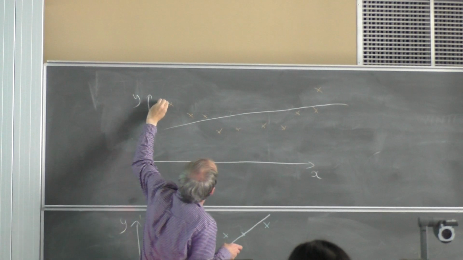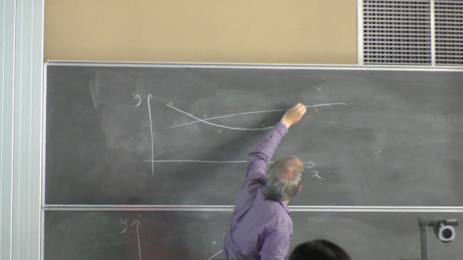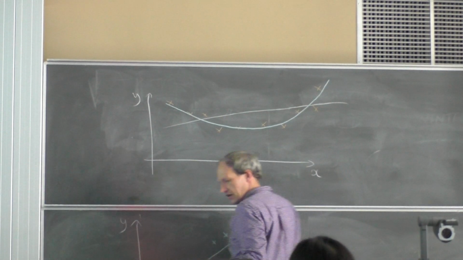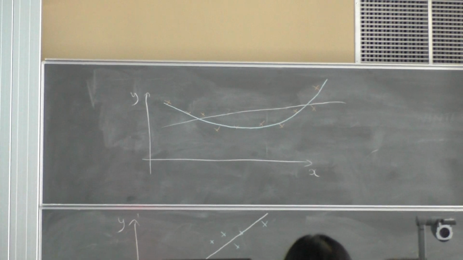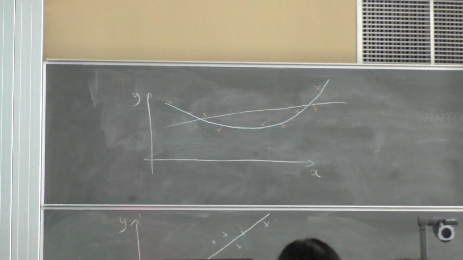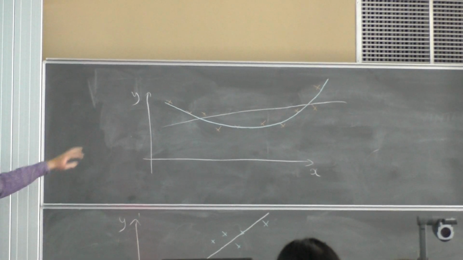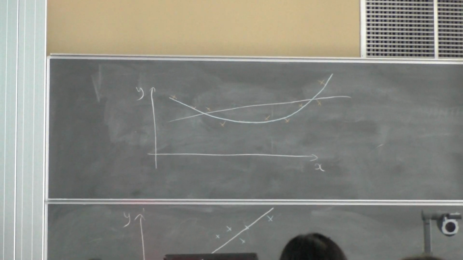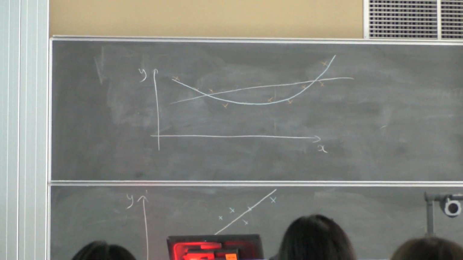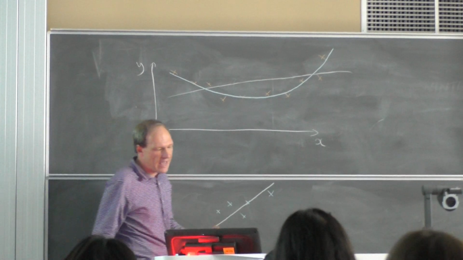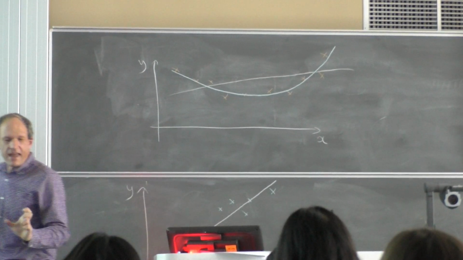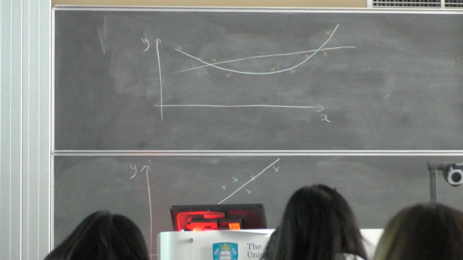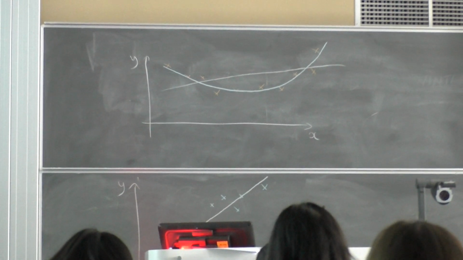So if I draw a curve through the data, something like that, that's a reasonably nice smooth curve that I've drawn through the data. And that curve is getting much closer to the individual data points than the straight line I drew earlier. Now, do be aware here that this is not necessarily a good thing. We could be overfitting the data.